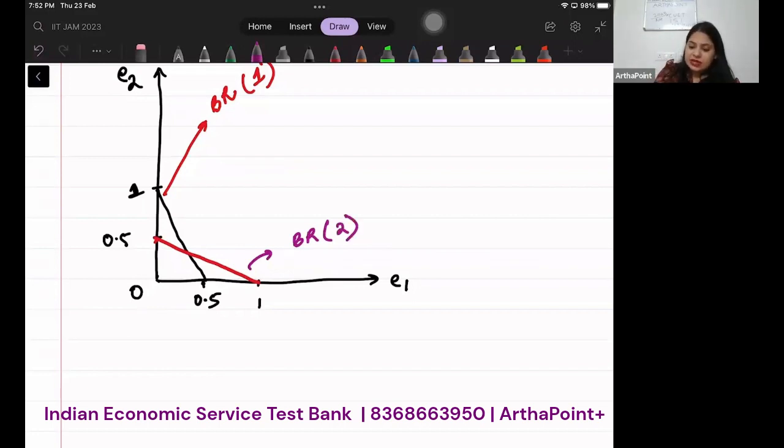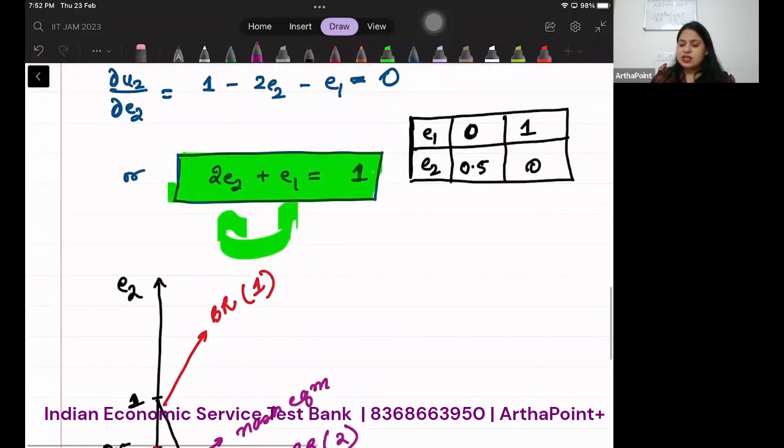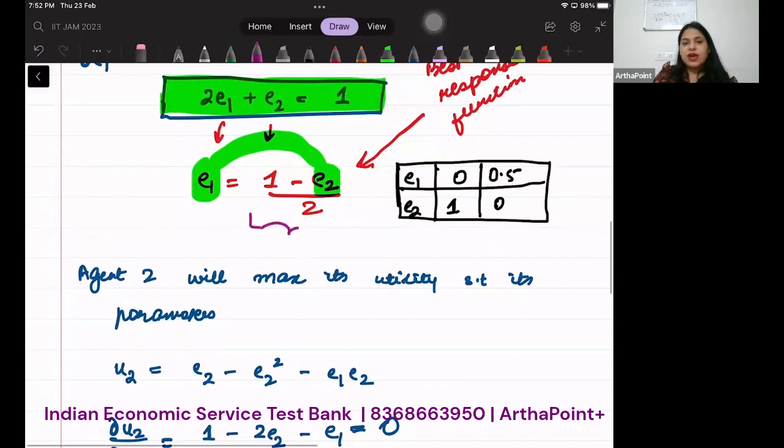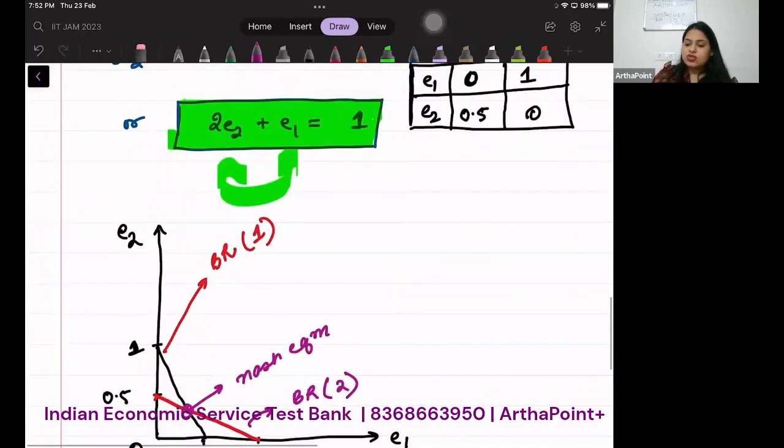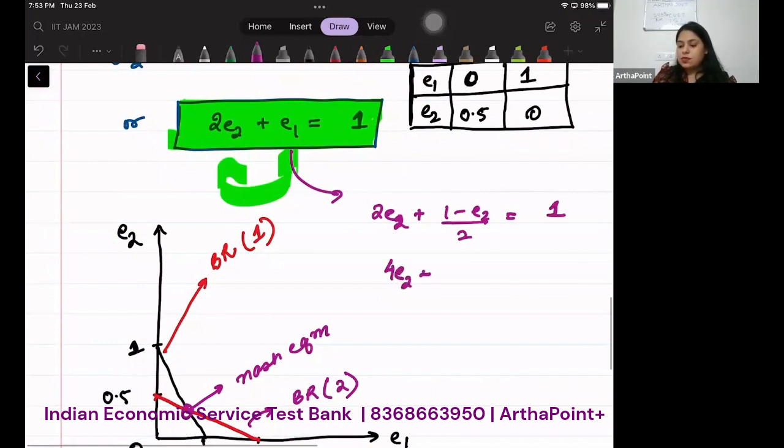Wherever the two meet, this point is called the Nash equilibrium. So how do we know where they meet? Just solve these two equations simultaneously. What was the value of E1 from here? 1 minus E2 by 2. Just put it here. So 2E2 plus 1 minus E2 by 2 is equal to 1. 4E2 plus 1 minus E2 is 2. 3E2 is 1.